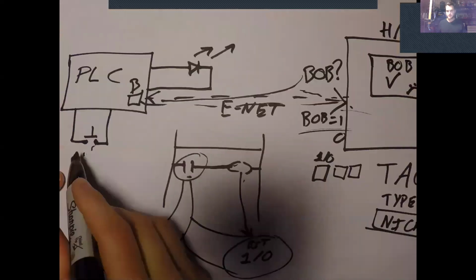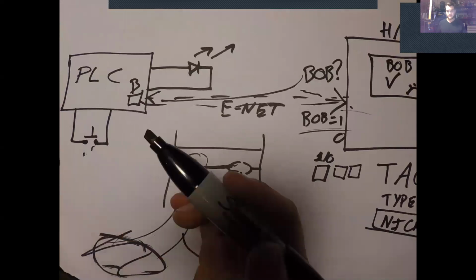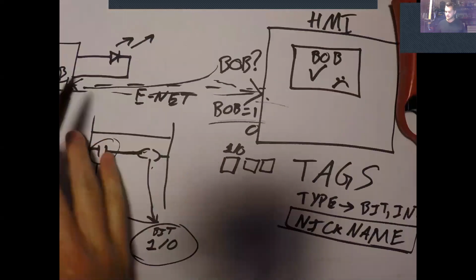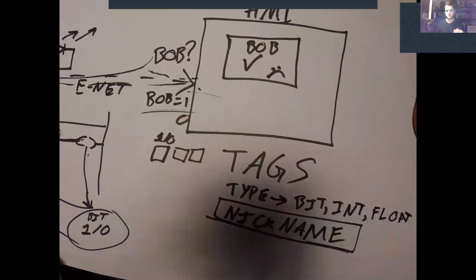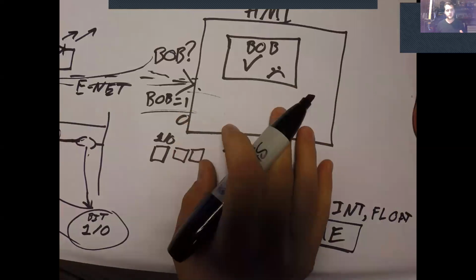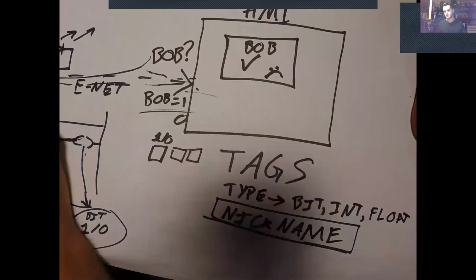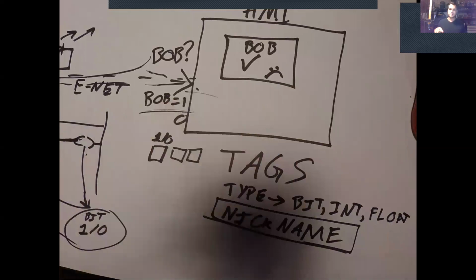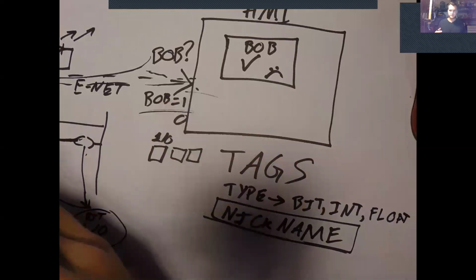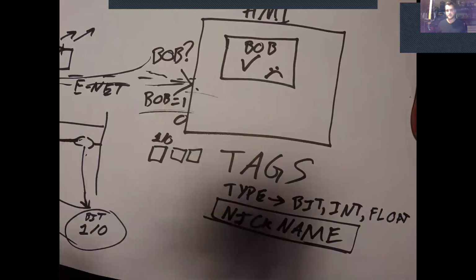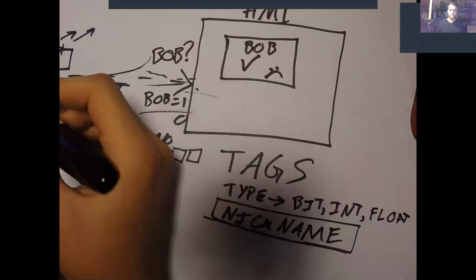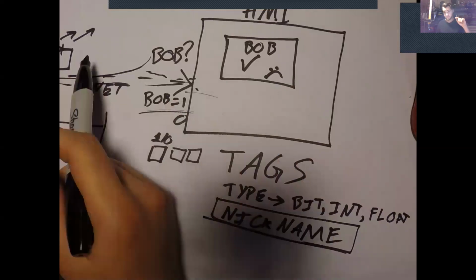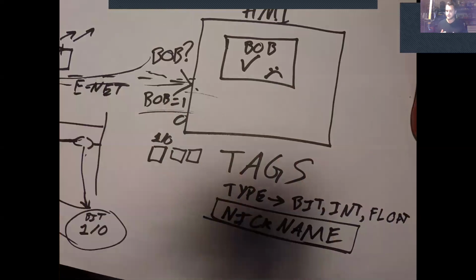Because previously we've been using a push button, right? A push button, it's either on or it's off, right? But now on here, we can make things where we can type in a number, right? And that can be anywhere from 1 to 1,000,000 or whatever we define it to be. So if we want to say, I want my VFD to be spinning at 50, it's much easier to go in and type in the number 50 on your HMI and have that right into the PLC than it is to go hit the push button 50 times to scale up to 50, right?